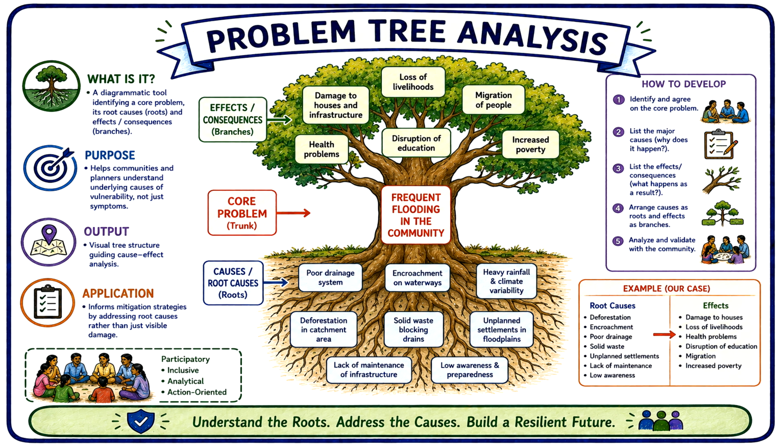By revealing cause and effect relationships, problem tree analysis supports informed decision making and the development of effective mitigation strategies that address the underlying causes of disaster risks and build long-term community resilience.